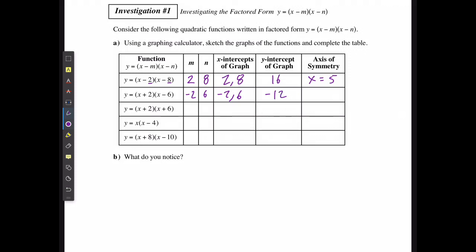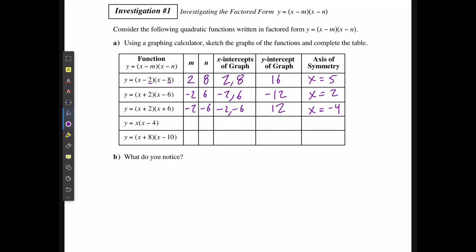And the axis of symmetry is when x is equal to 2. In the next example, m is negative 2, and n is negative 6. The intercepts are at negative 2 and negative 6. The y-intercept is at positive 12, and the axis of symmetry is when x is equal to negative 4.